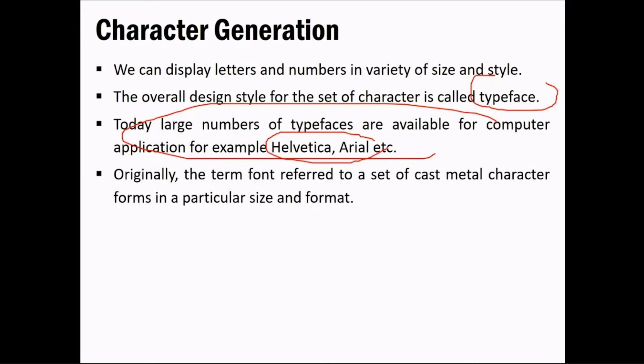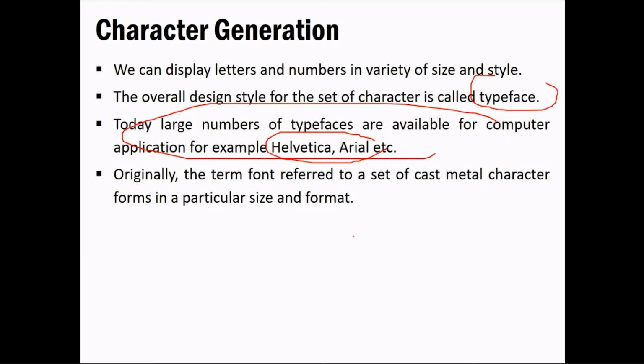But originally this term font referred to a set of cast metal characters, because in those days, if you wanted a particular font, it needed to be molded or created with metal, so that it could leave that impression on the paper. So originally the term font referred to the set of cast metal characters formed in a particular size and format. That was fixed.